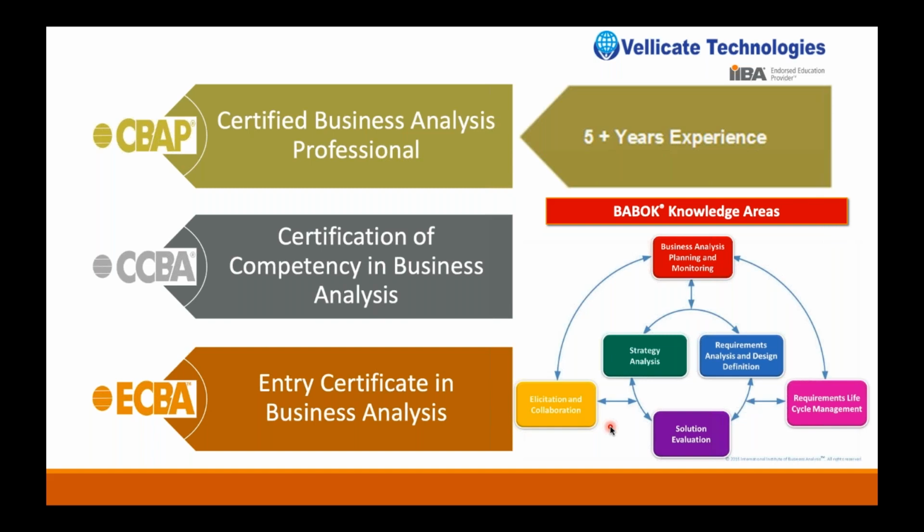Okay, so one of the things that the organization expects you to do is that you should be able to spot a problem or the opportunity or the initiative that the organization has to take on, and that is covered in strategy analysis. Strategy is spotting that problem or an opportunity and working towards the solution. How do we reach the future state?